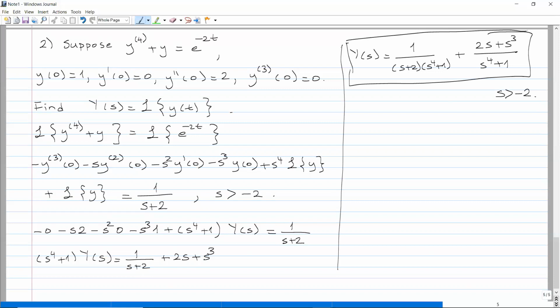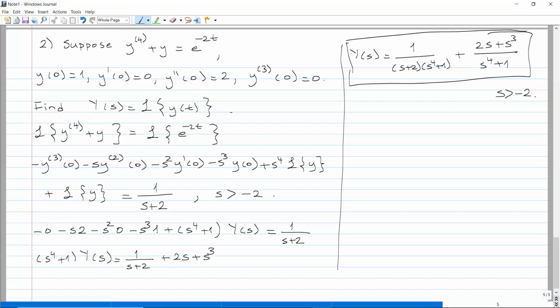Now, in order to solve the differential equation, we need to find the inverse Laplace transform. Again, I'm not going to go into the theoretical details.